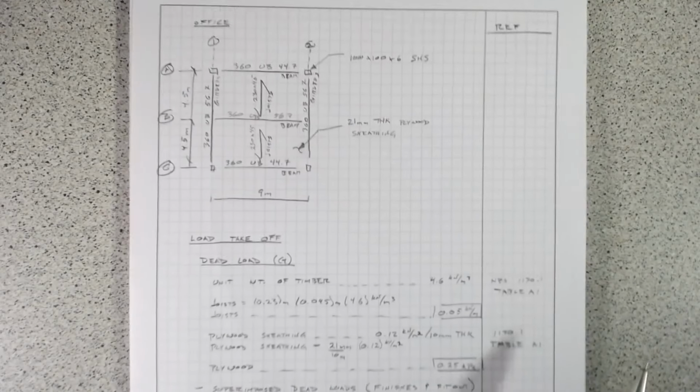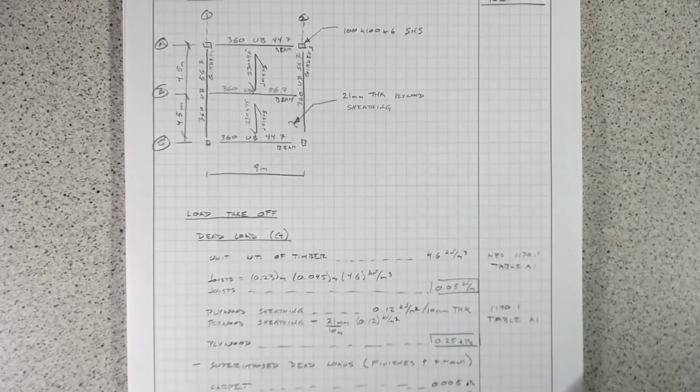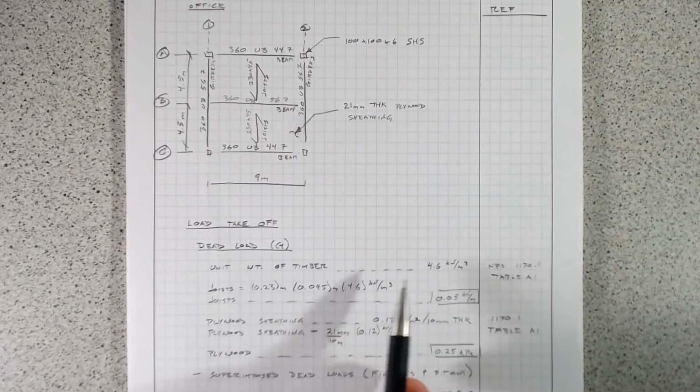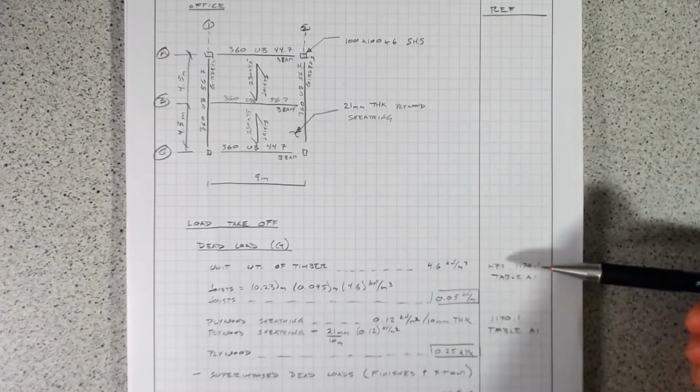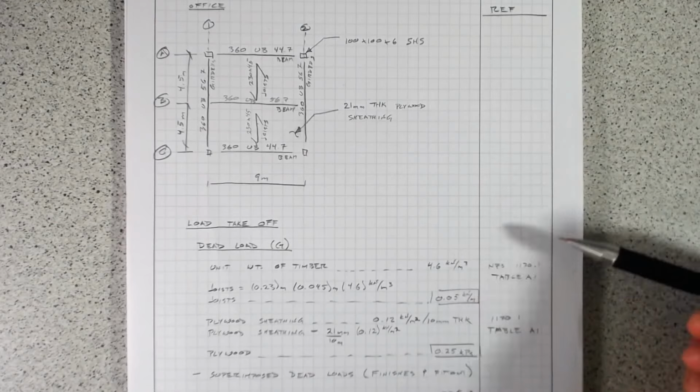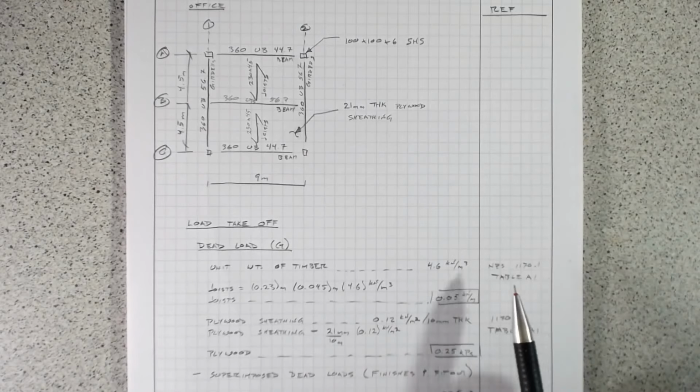So having done that, before starting here, we've got unit weight of timber, and I'm getting these numbers primarily out of the New Zealand loading standards 1170.1, and you can see the references here on the side. So table A1, and then we'll have another table there for the live load. You can see the unit weights of the timber, 4.6 kilonewtons per meter cubed.